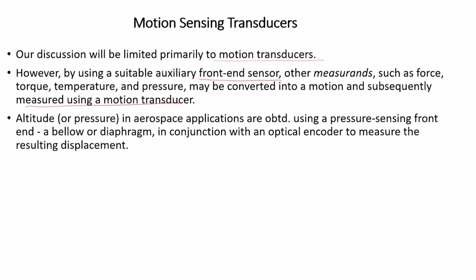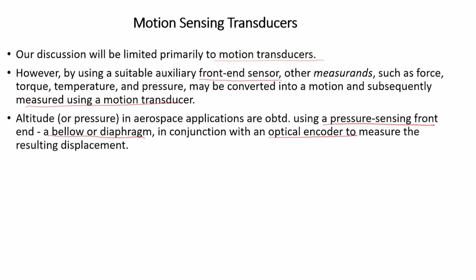For example, altitude or pressure in aerospace applications are obtained using a pressure sensing front end, a bellow or a diaphragm, okay, in conjunction with an optical encoder to measure the resulting displacement.